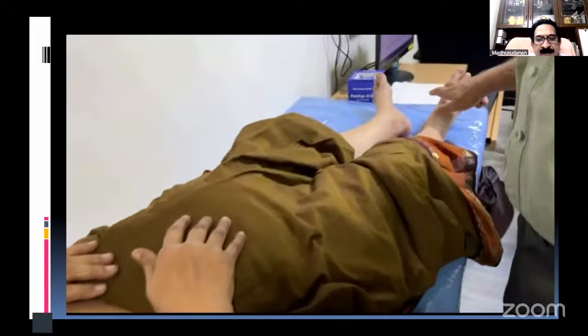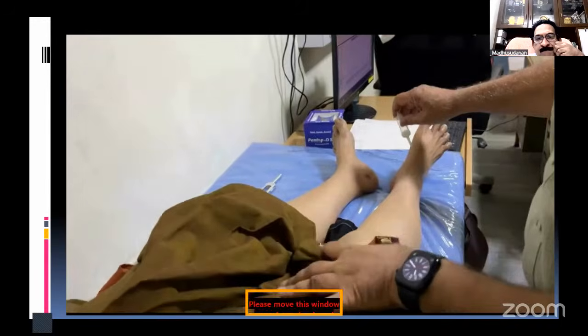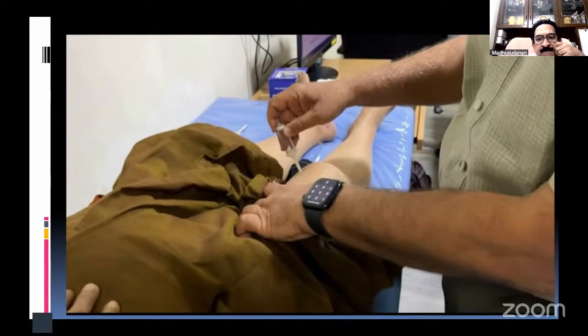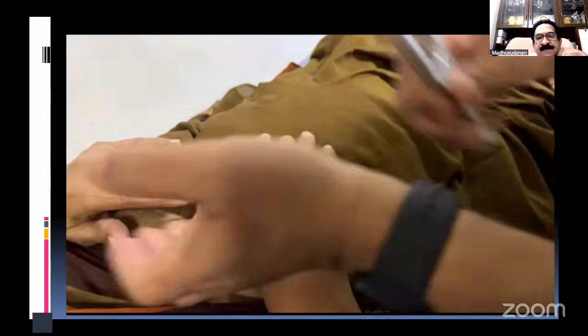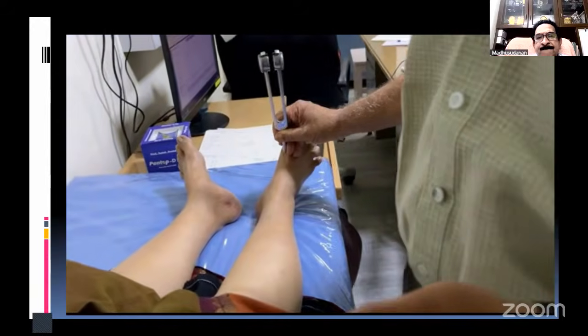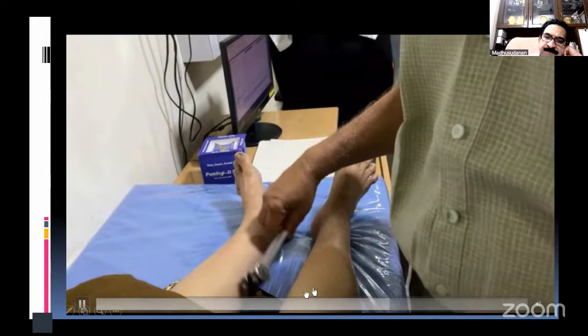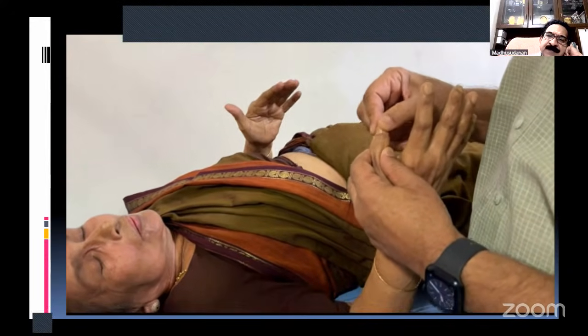Sensations were all normal. Everything is normal. Vibrations also normal. Joint sense also normal in the upper and lower limb.